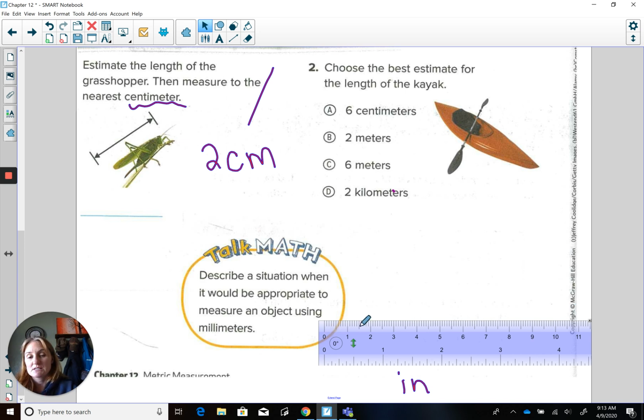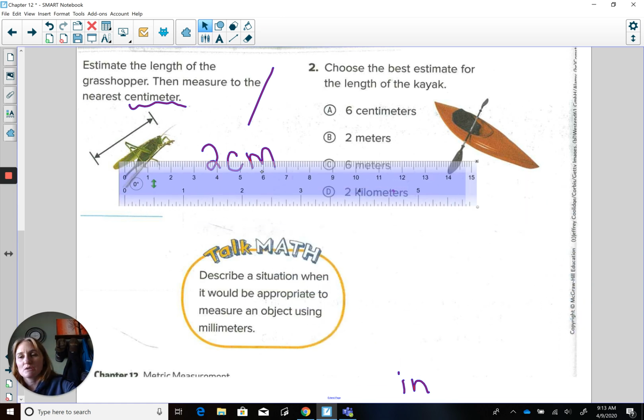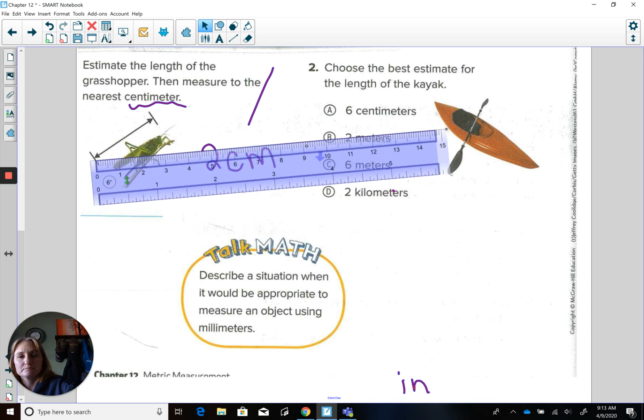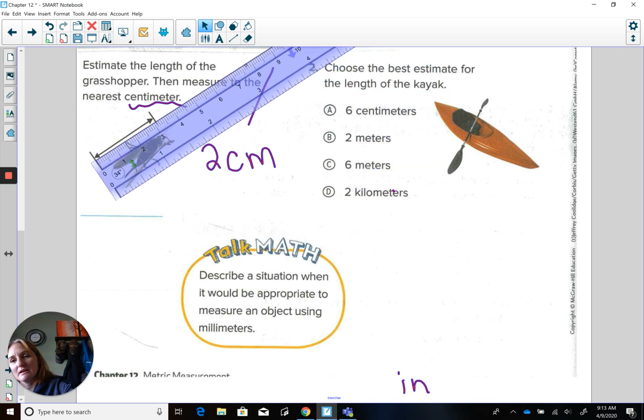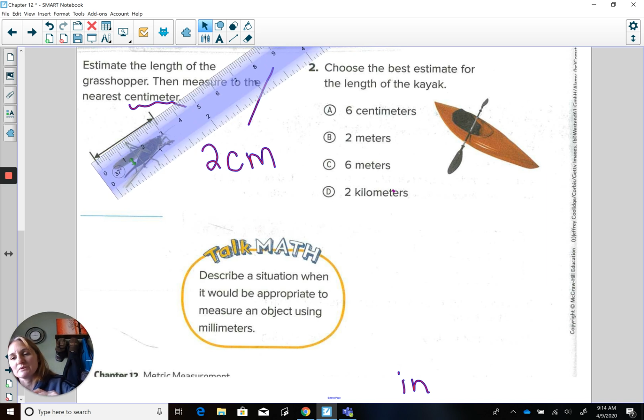My ruler on here doesn't say centimeters, but if you have a ruler that has both customary and metric measurements on it, it's for us to use as these. I'm going to go back, and that works. So again, now my lines. This one's a little bit off, 3 lines, and that's 3.